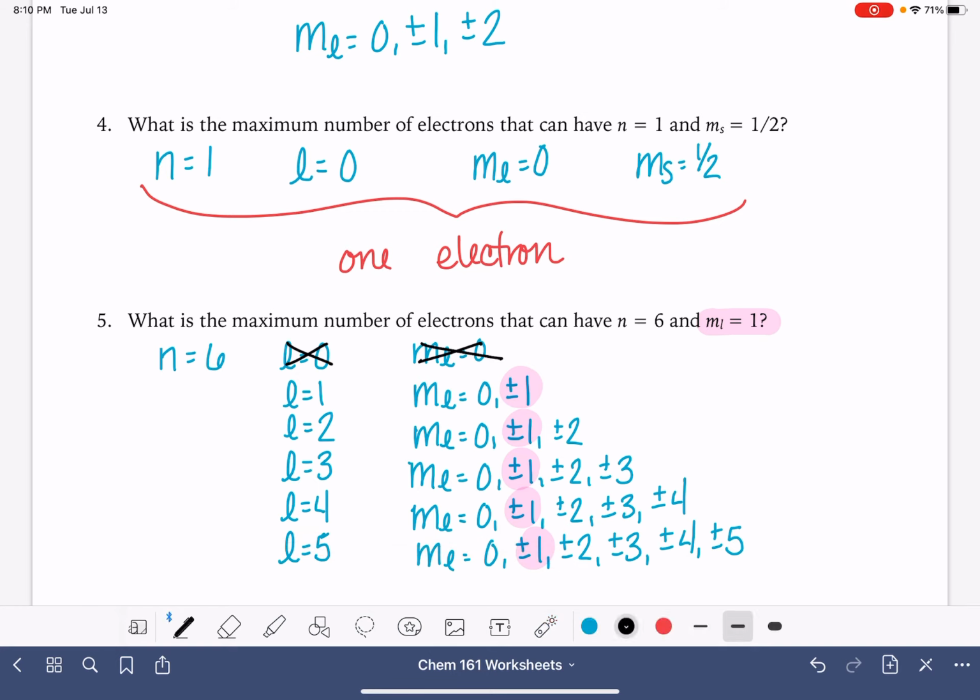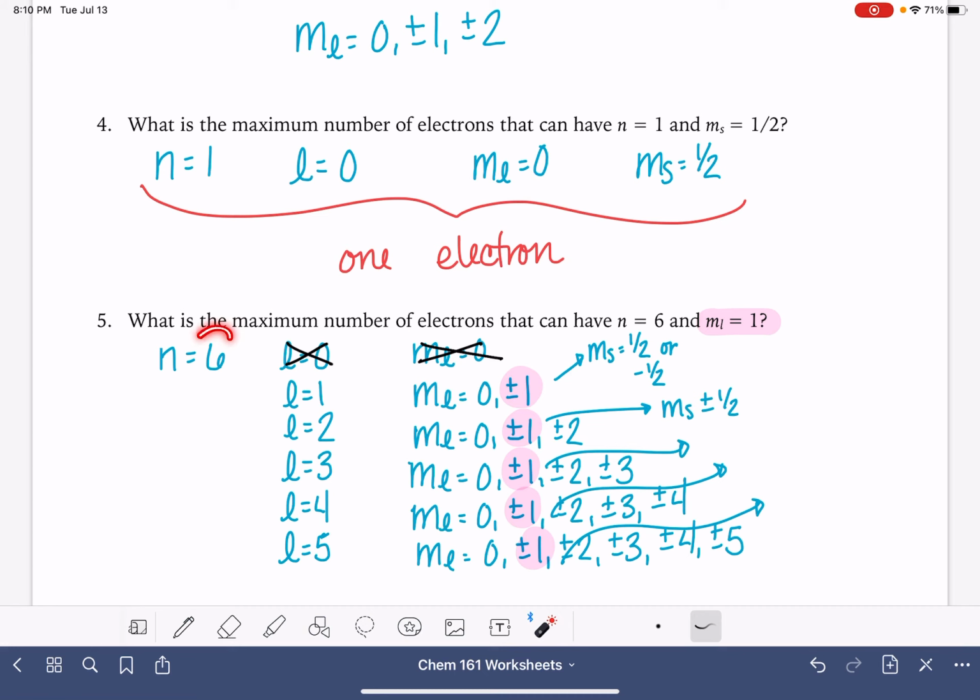We're actually not done yet, because let's not forget about M sub S. So each one of these electrons could have an M sub S of 1/2 or an M sub S of negative 1/2. That's going to be true for each one of these. M sub S could be plus 1/2 or minus 1/2 for each of these.